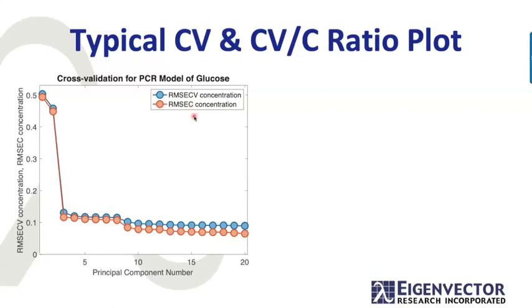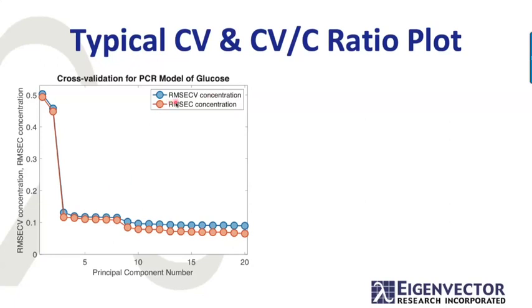The root mean square error of calibration is where I build my model on all the data and then I apply that model to all the data. So that's really a fit metric, whereas the root mean square error of cross-validation attempts to mimic how things actually work in prediction, where we build a model with part of the data and apply it to the rest of the data set.